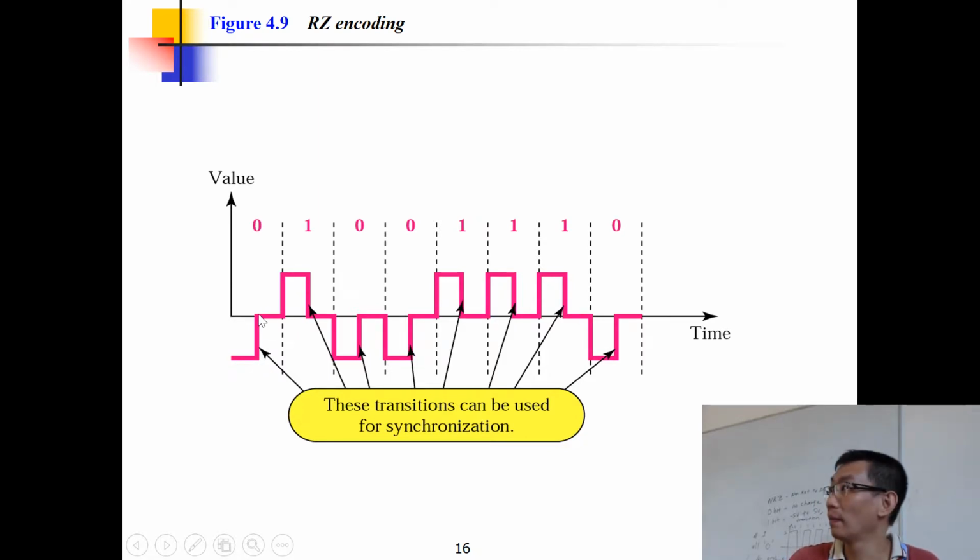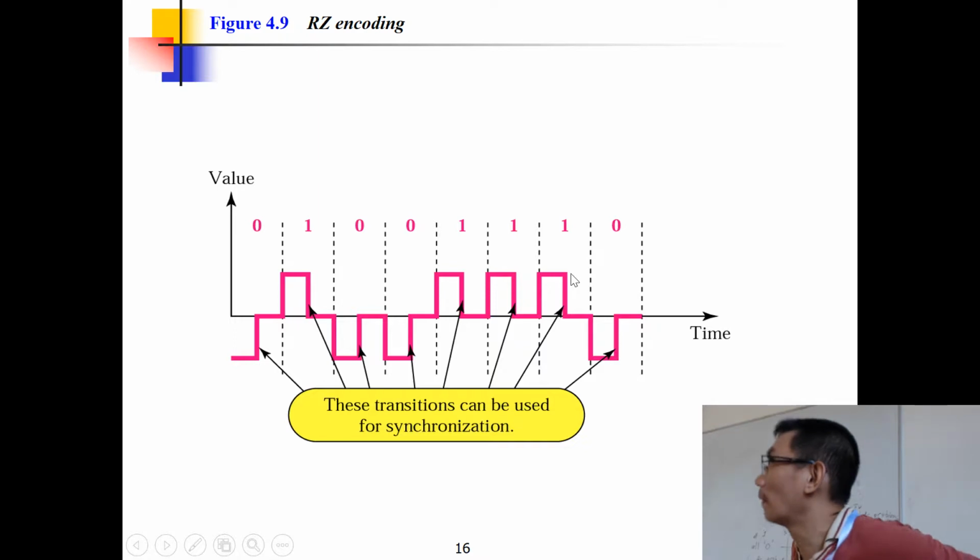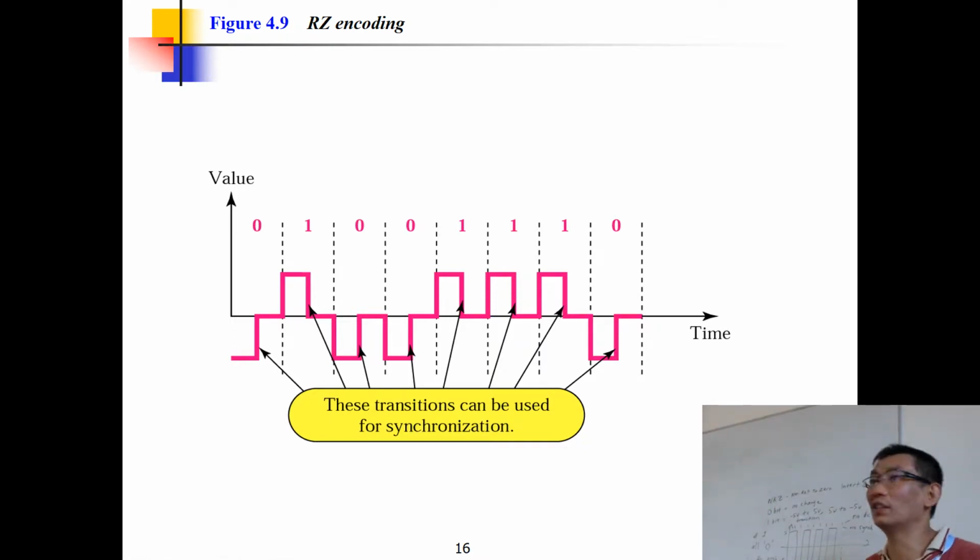So in this case, you use less power, correct? Because you only use half of the power. After that, you return to 0. Okay, so in this case, you can synchronize every clock cycle. You can synchronize already, correct? Perfect. What is the disadvantage?